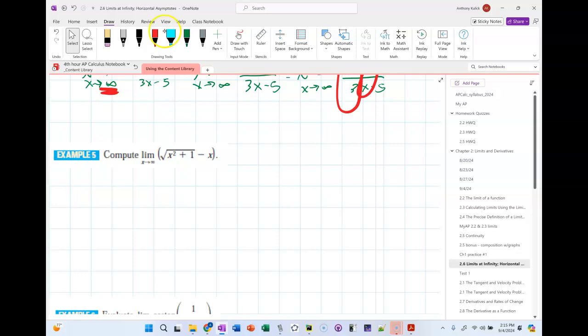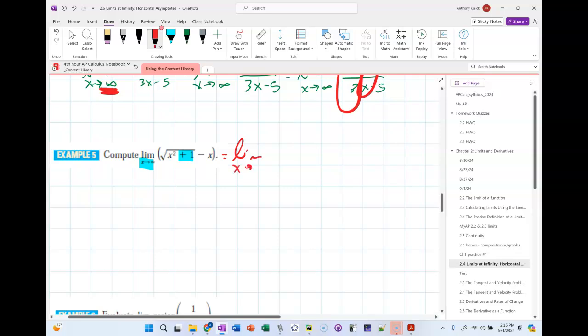Yeah. So again, I'm going to make the same argument. Since x is going to positive infinity, that plus 1 doesn't really need to be there. If I simplify the square root of x, that's just x minus x is, so we just have the limit of a constant at 0.